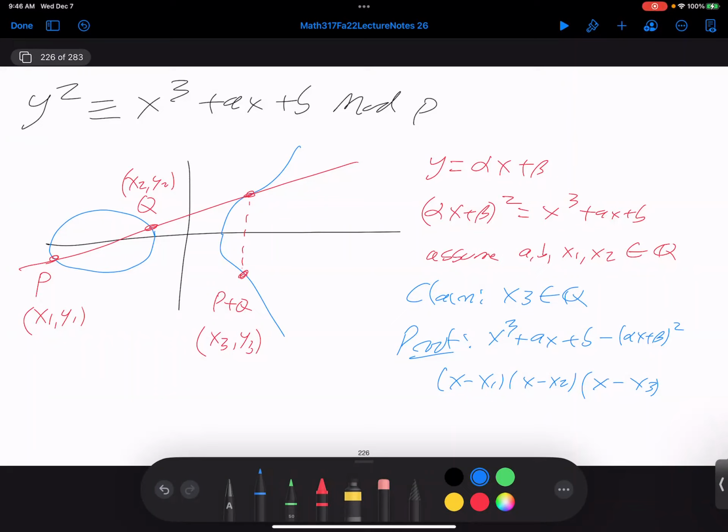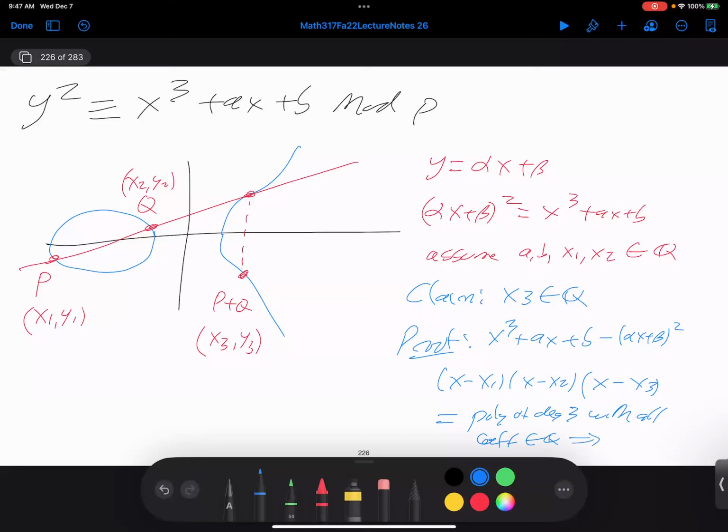If x3 was an irrational number, what would I now know? So this is equal to a polynomial of degree 3 with all coefficients rational. Therefore, x3 is rational.